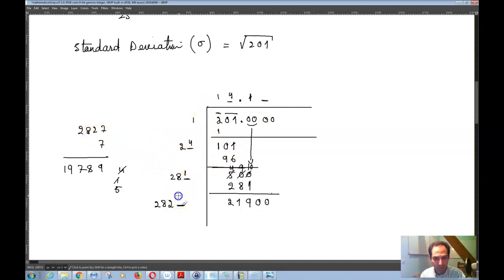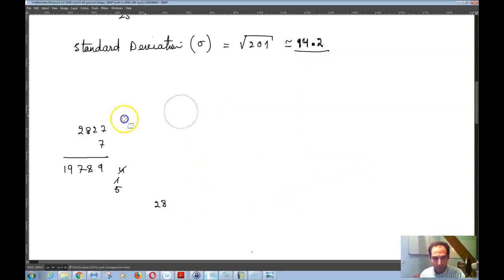So you need to go for 7 and 7 here, and you get 19,789 with some remainders here. So I take it as 14.2, which they have taken as 14.18. If I took it as 14.2, that's basically the whole story there.